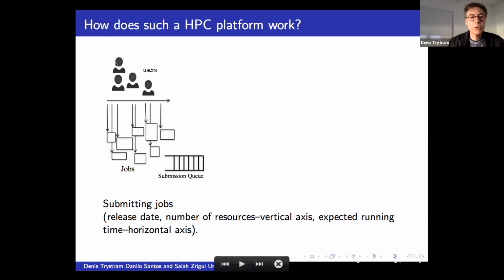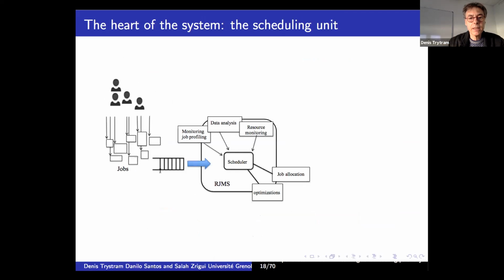So we have a set of users that developed some applications, and typically this user here is submitting a job at some point of time, and all the jobs here are queued in the submission queue. So keep in mind the Gantt chart of the last slide. And then for all these jobs, the ordering of the queue is managed by what we call the scheduler.